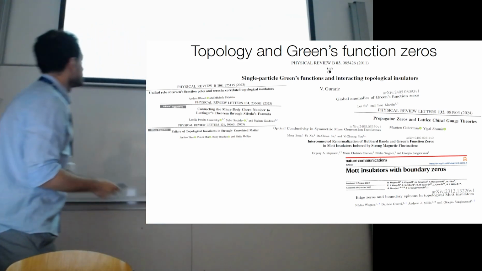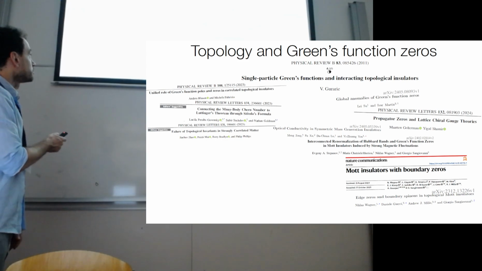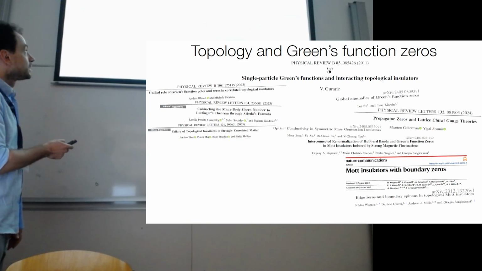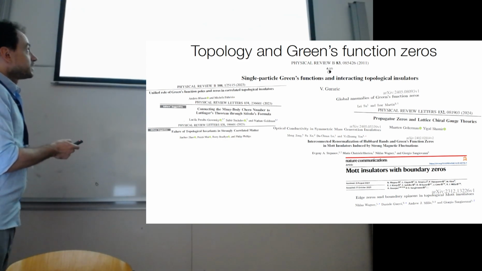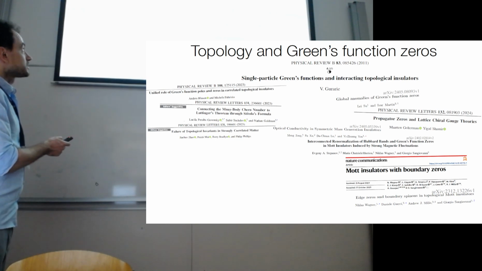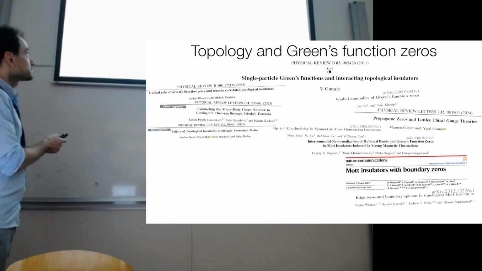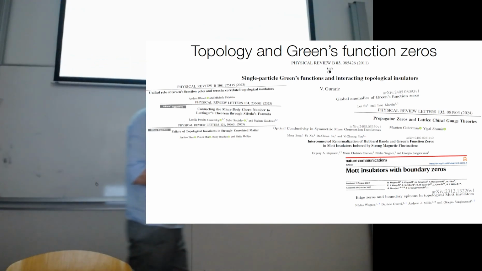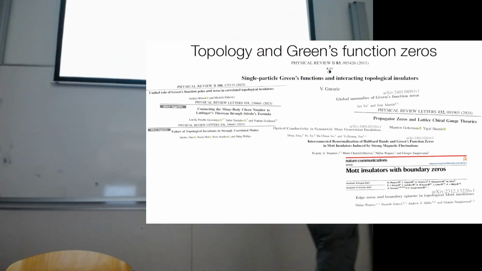This is, of course, a topic of interest to more fundamental research. Here you see field theoretical works, where they also discuss propagator zeros, or the impact of Green's function zeros on quantum field theoretical anomalies. You can calculate this triangle diagram for the anomaly and ask the question, what's the impact of zeros?